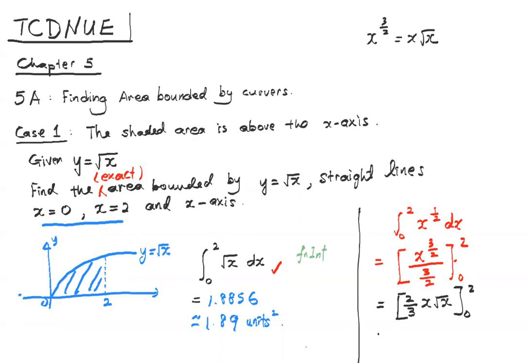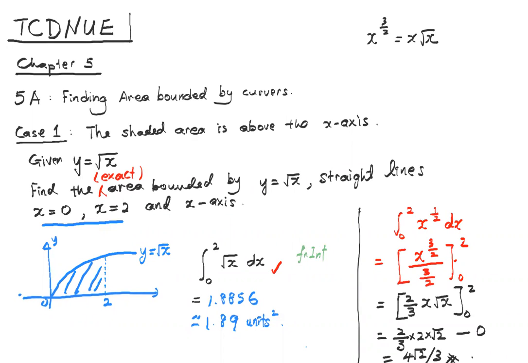So I sub with 2. Sub with 0 will be 0. Am I right? So the answer will be 4 root 2 over 3. So this is exact value. Are you clear? So that is called exact value.